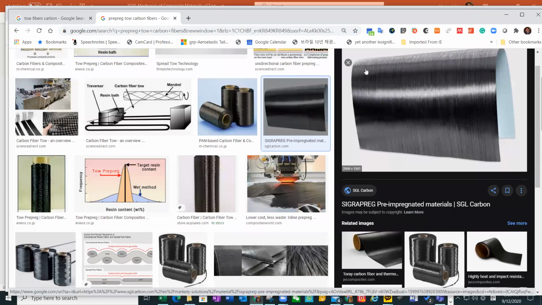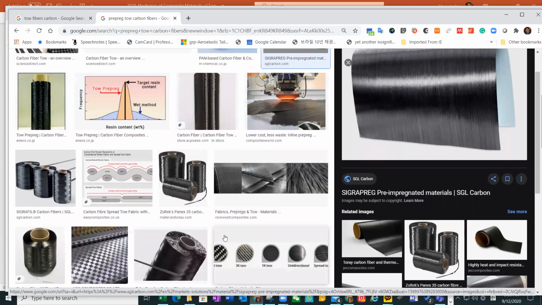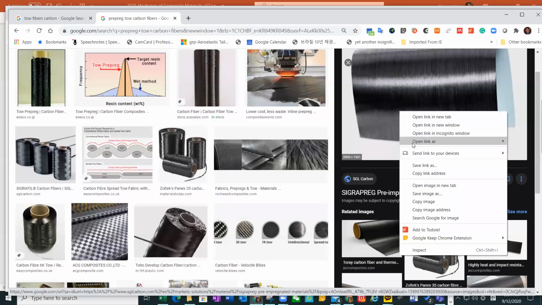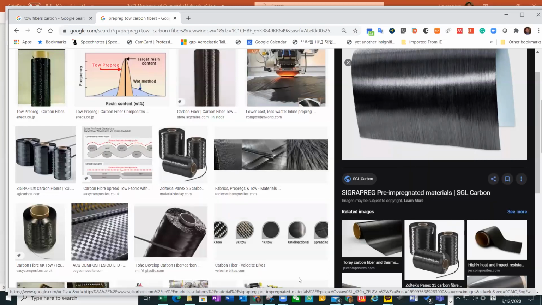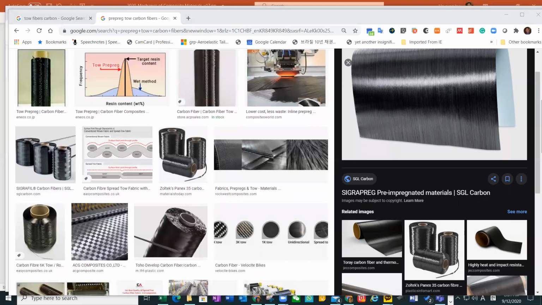So this is the one toe and second toe and third toe, etc. This is the very typical form of the prepreg. So a toe is spread, and the resin is impregnated into the fibers. So it's a prepreg.